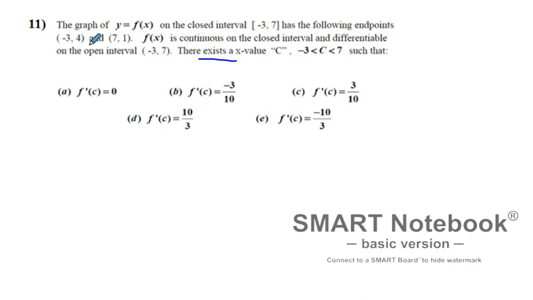We're going to let these equal a and b. And so f of b, f of 7, is going to equal 1. f of negative 3 is equal to 4.